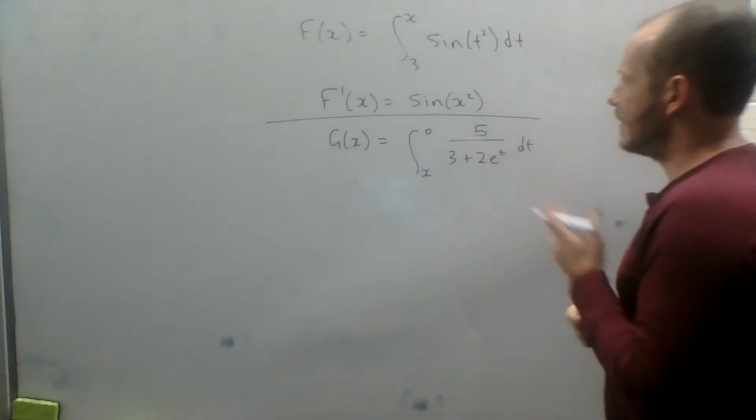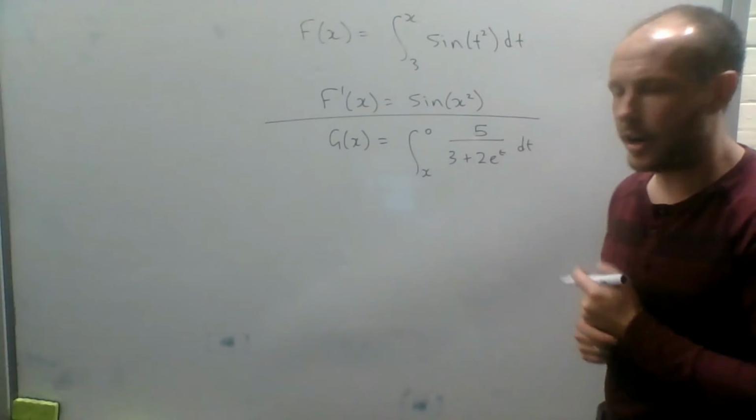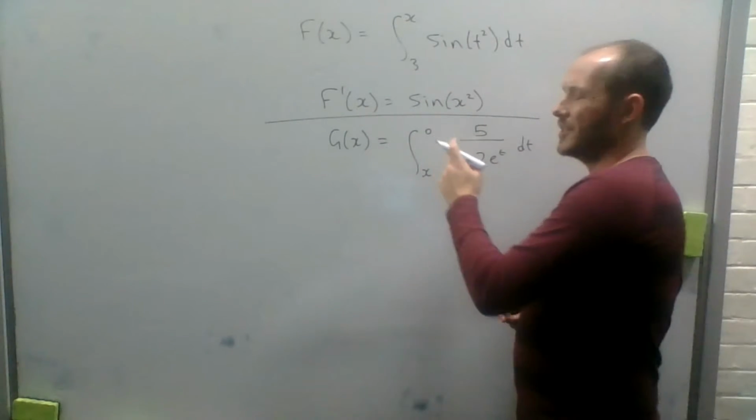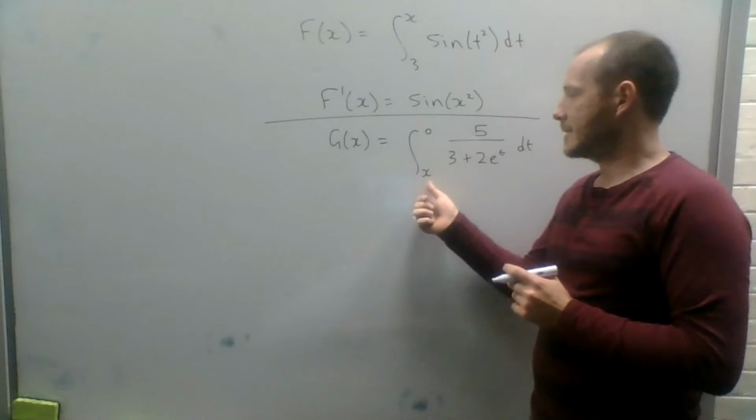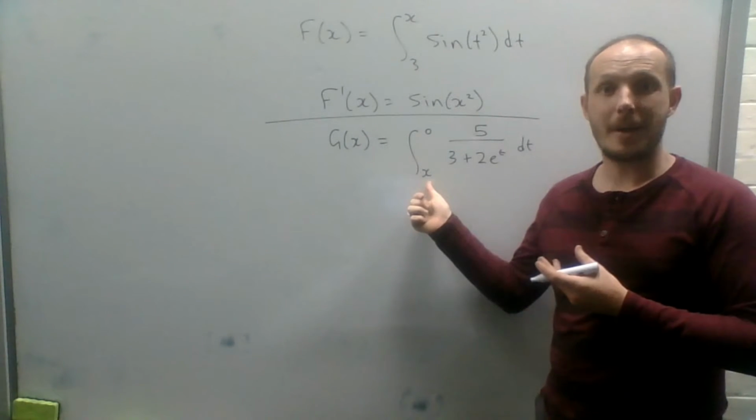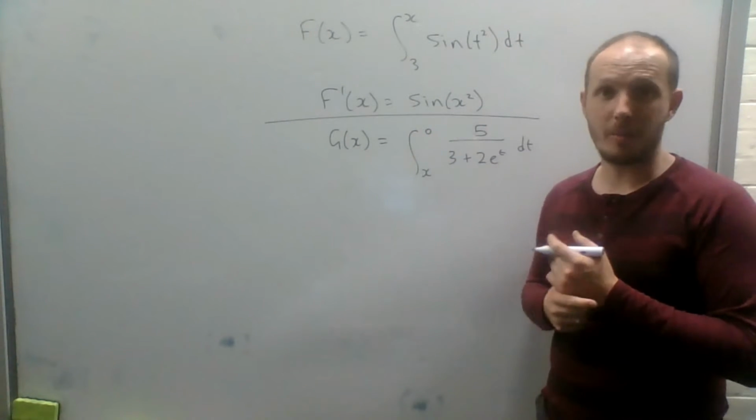When we first look at this one, we go, okay, we're not going from 0 to x, and x is on the bottom. So we need to do something about that. We need to somehow get x to the top line.